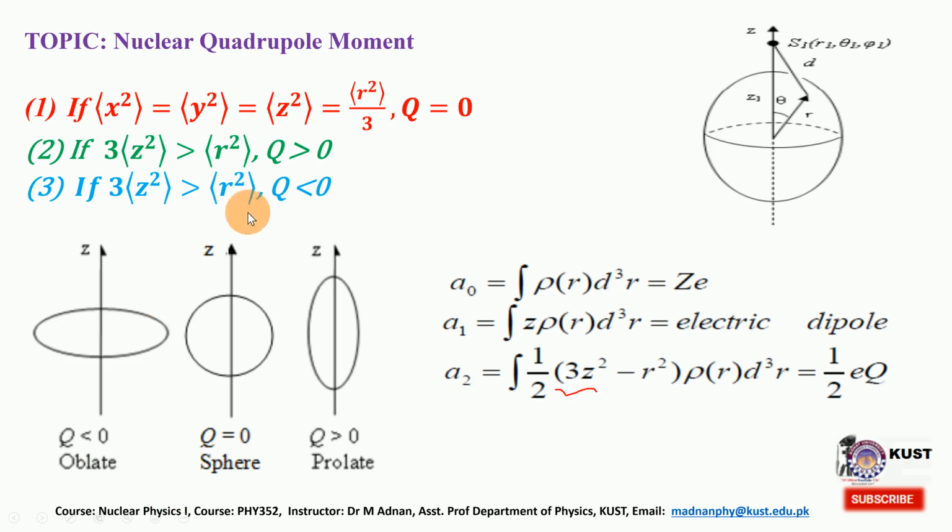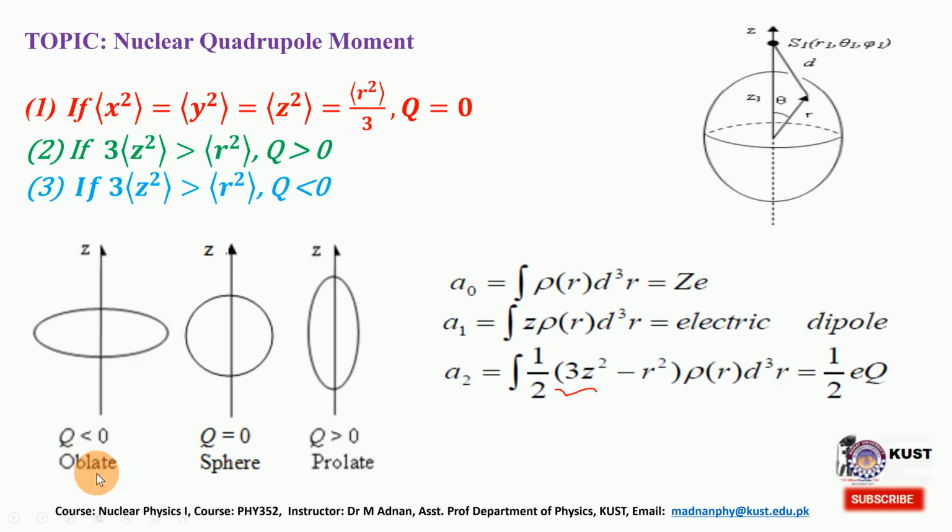And if this condition in this equation holds for the second situation, that is, 3z square is greater than r square, that gives you a positive quadrupole moment, and the shape is prolate. And this one generally we have the spheroidal shapes, or we can have the charged surfaces.